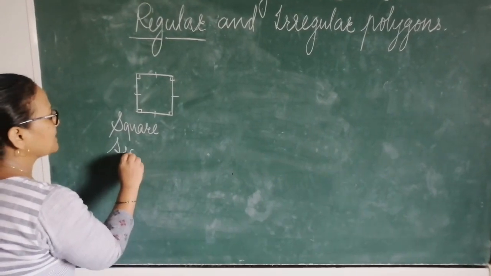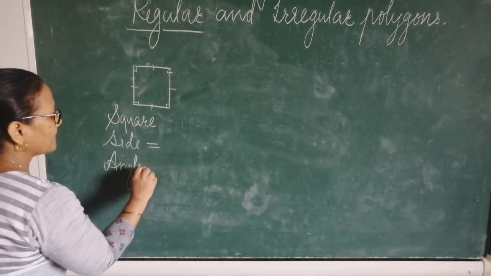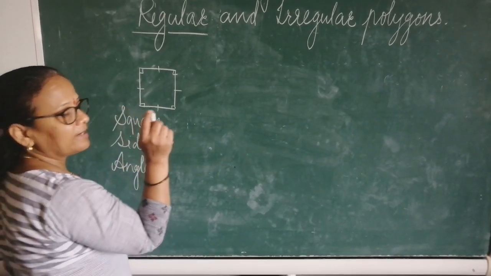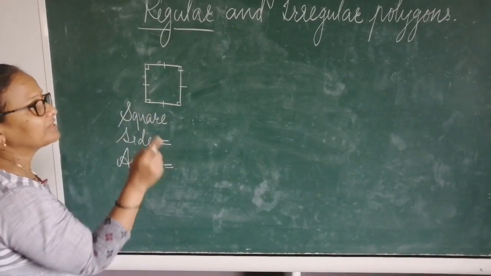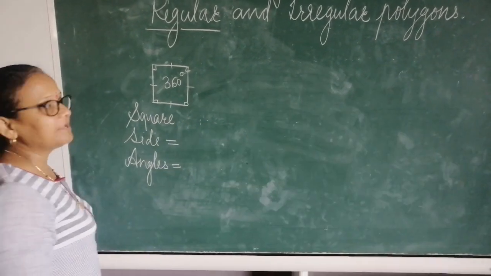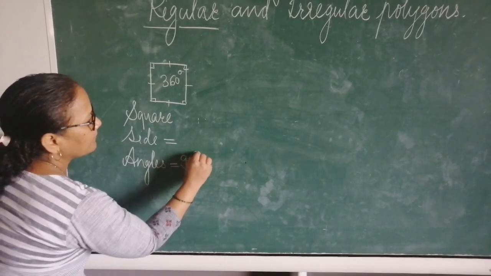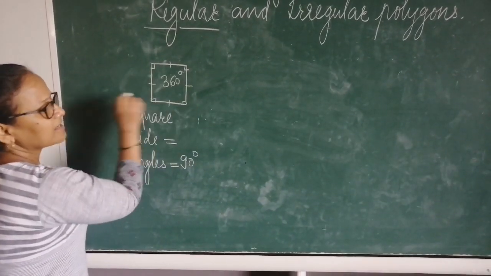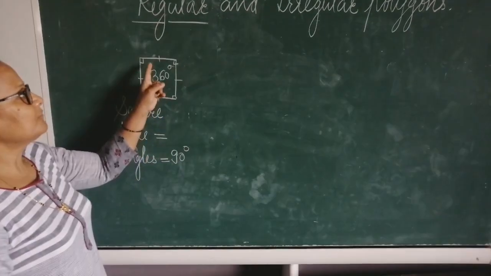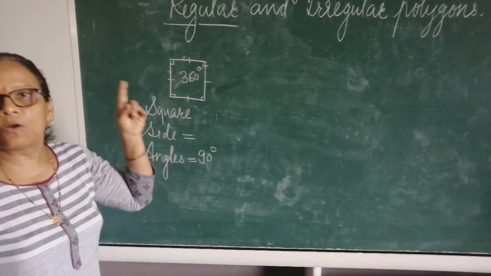In a quadrilateral, the interior angles sum to 360 degrees, and therefore each angle will be 90 degrees.